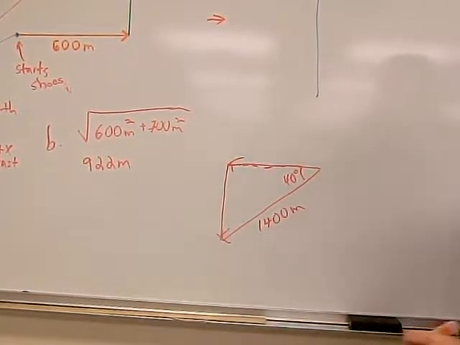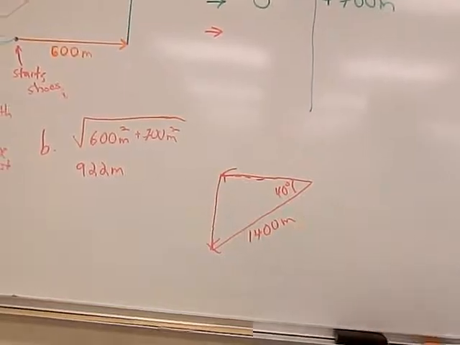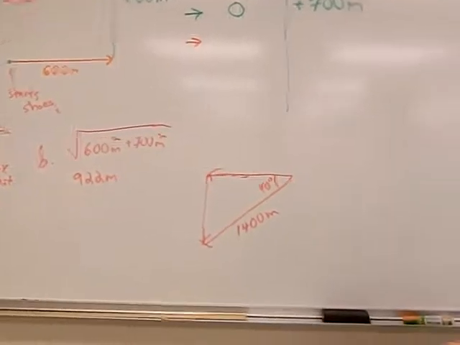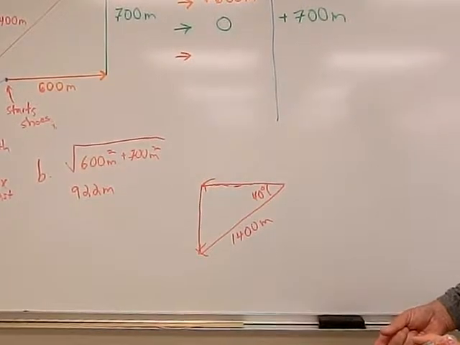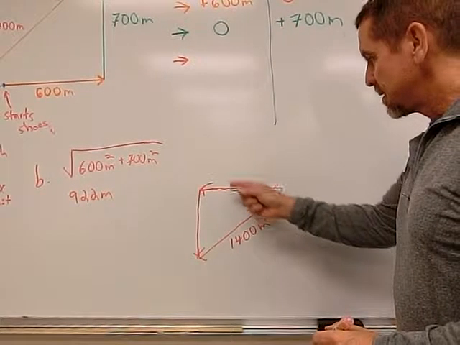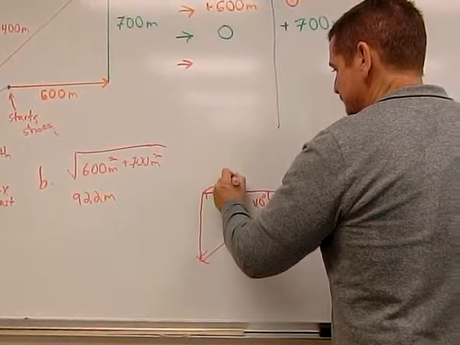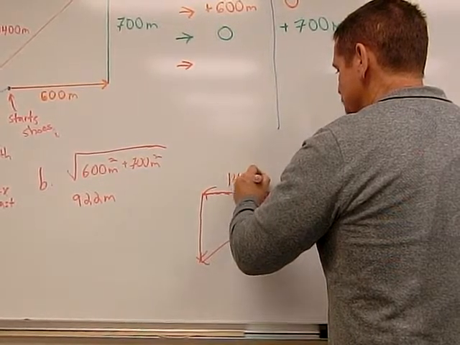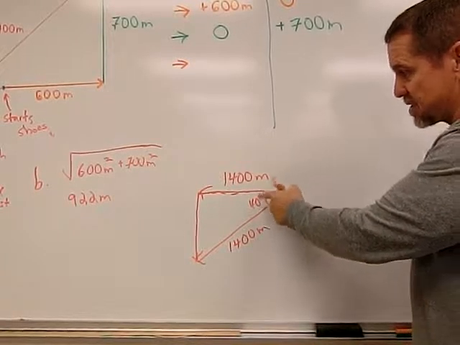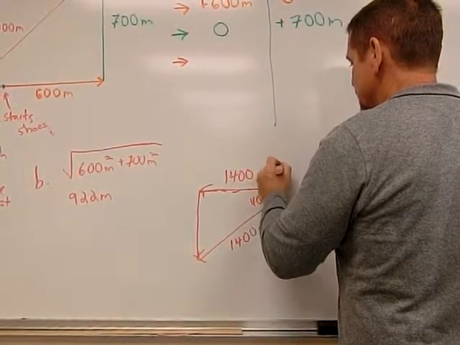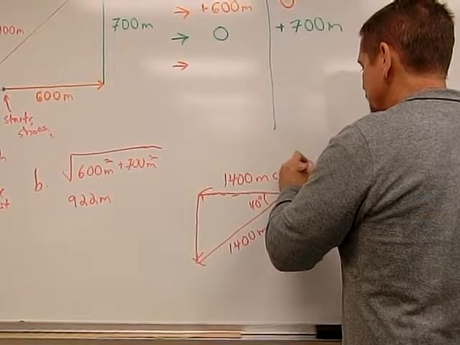Okay. And so we got to break these guys up into their components. One of the components is going to be the cosine, the other one's going to be the sine. This guy, the x guy on the top, is going to be 1400 meters. He's the cosine because he's touching, he's adjacent. So it's 1400 meters times the cosine of 40 degrees.